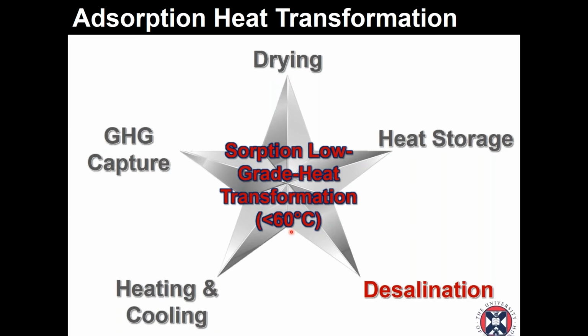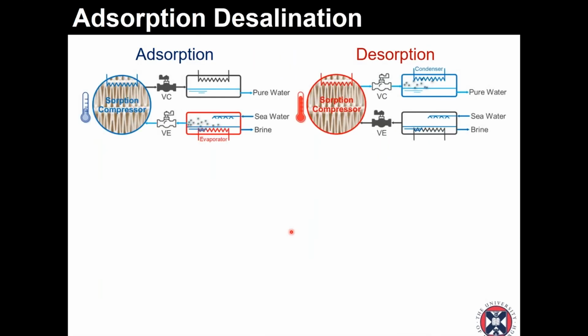These are technologies, I'm listing just some options here: for drying, for heat storage, even greenhouse gases capture, heating and cooling, and desalination, which is the focus of the next slides. Now, we are going to talk about adsorption desalination, how the adsorption desalination process works.